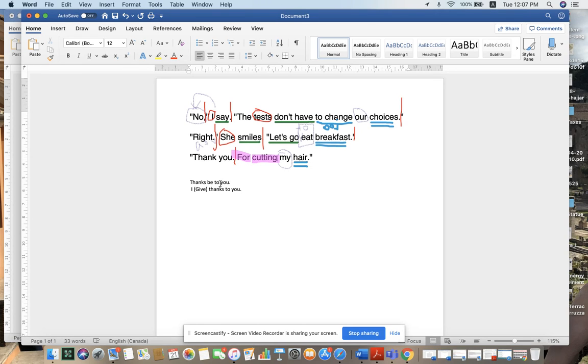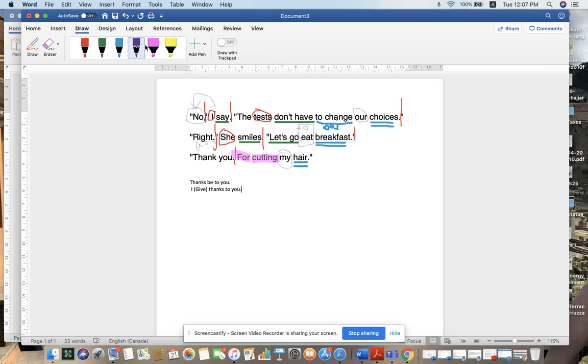Has what you should already recognize as an indirect object, right? So going back to the drawing board, you is an indirect object because the thanks are being given to you. And what is being given? Thanks, which is the direct object of what you're giving.